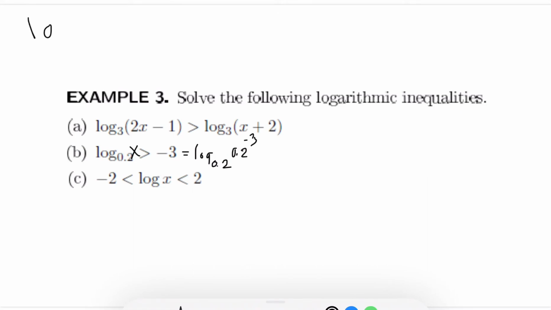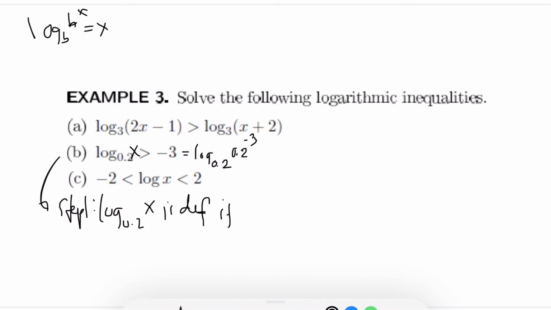Recall that log of b to the x base b equals x. Now here, step 1: there is only one variable, so log of x is defined if x is greater than 0.